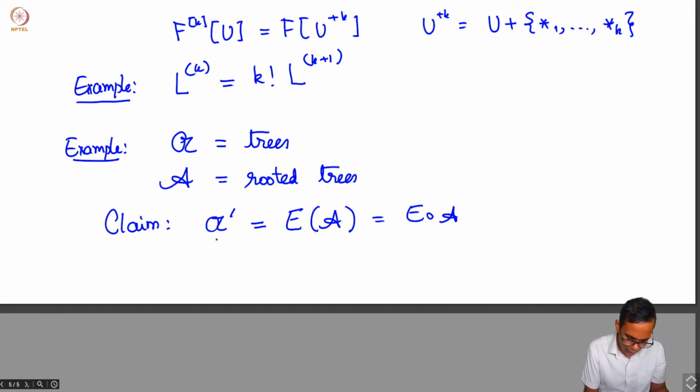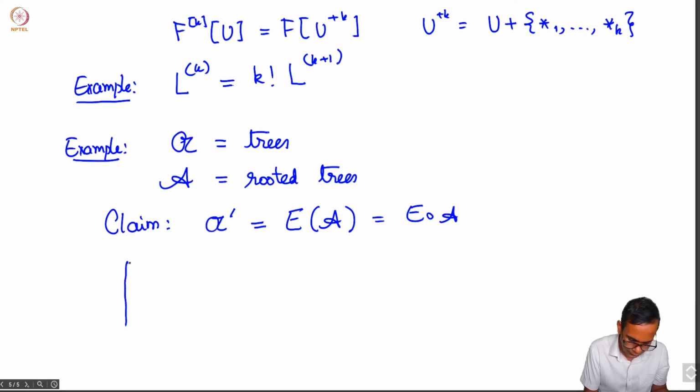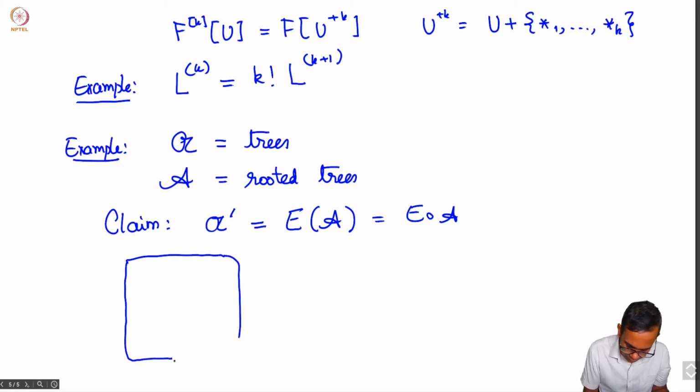So suppose you have an element of a prime. So what does that look like? So you have a tree structure on a set. I'll put the star at the bottom this time with a star added to it. So it may look something like this.